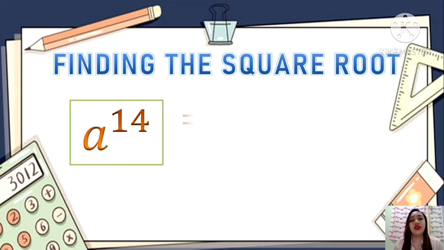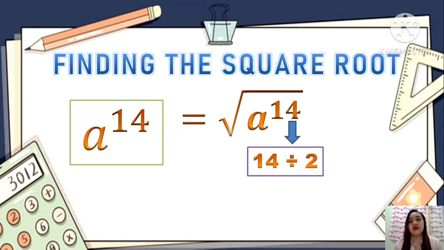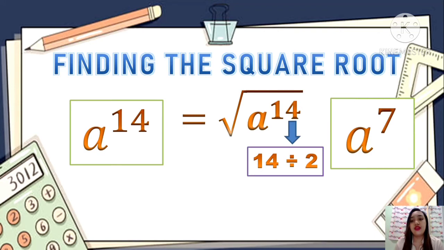And what is 14 divided by 2? It is 7. That's why the square root of b to the 14th is b to the 7th power. Saan nakuha si 7? Kasi nga, dinivide natin si 14 sa 2. That's why you get b to the 7th.